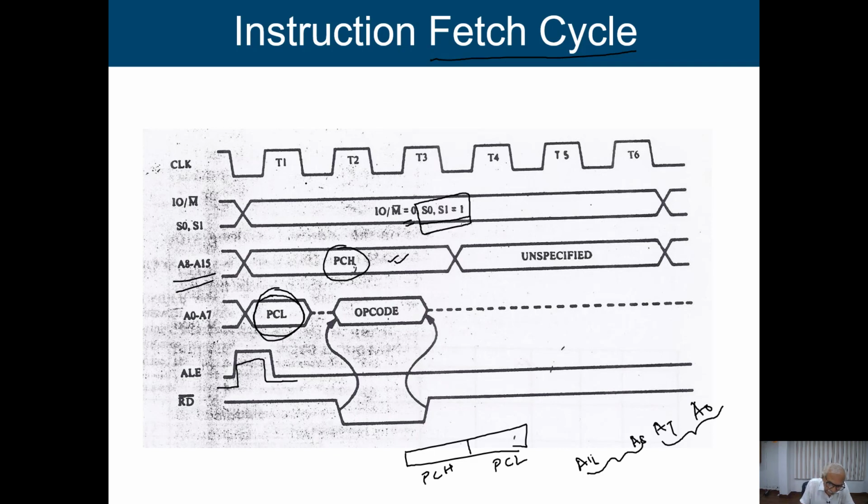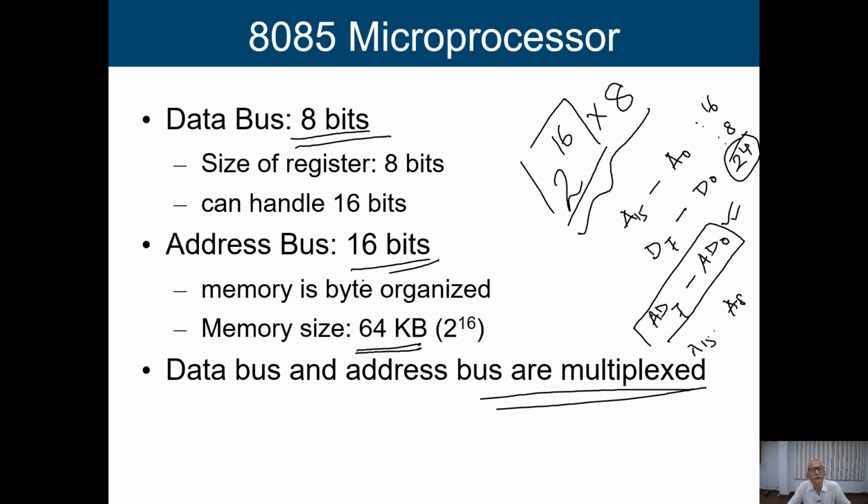After indicating this memory location, we give program counter higher byte and program counter lower byte to the address bus, and now we are identifying this memory location. Then we give the read signal. From that memory location we get the information, and since it is an instruction, we get the opcode. So when this opcode comes, or we are fetching it and bringing it to the processor, then what will happen?